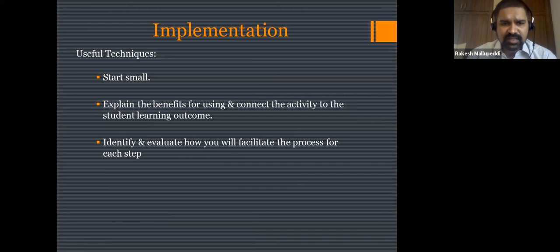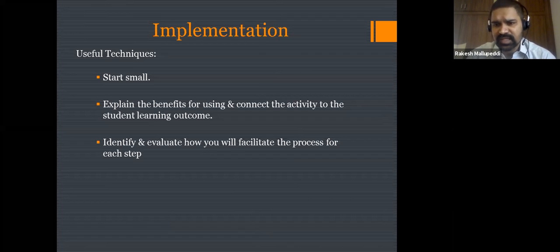So like in the first point, if you start small, then the third point: identify and evaluate how you will facilitate the process for each step. When you start small, you're building on the technique, so you need to think of the technique and evaluate when you are using a different variation. How and when are you going to implement it?